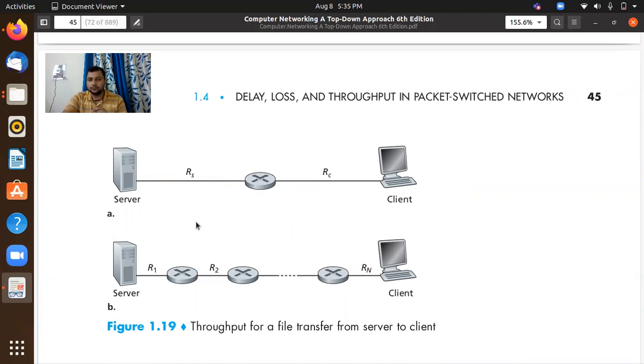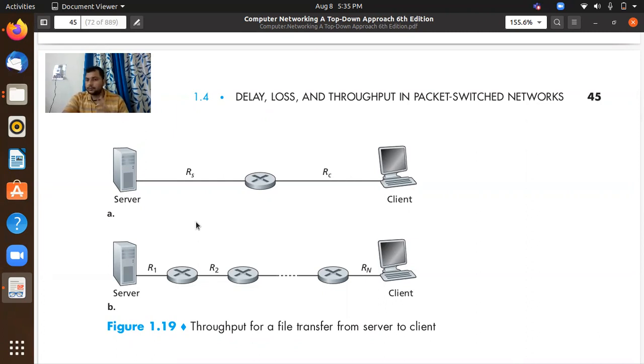Throughput is, on an average, the rate at which the receiver is receiving bits per second. It is also calculated in terms of bits per second.